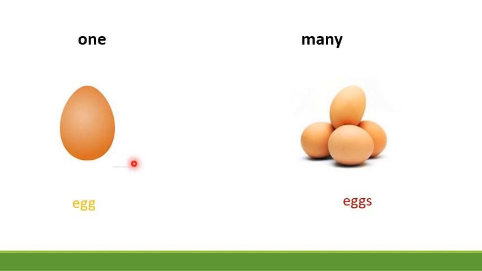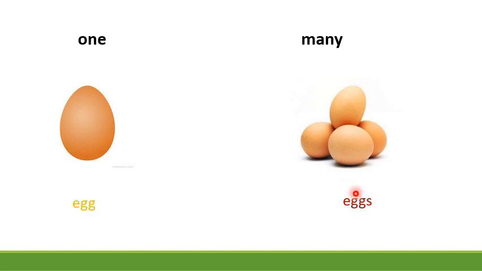Here, we see only one egg. Just see the spelling of the egg below. E-G-G, egg. Correct? So, there is only one egg. See that here there are many eggs. Many means we are seeing more than one egg here.